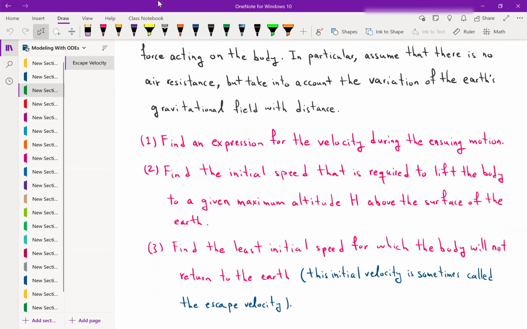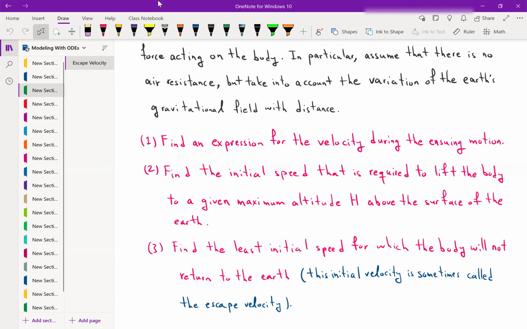In a sense, find v0 such that this maximum altitude h becomes infinity. There will be no finite maximum altitude. Such a v0 will be called the escape velocity, the v0 that will ensure that the maximum altitude h is infinity. There is no maximum altitude after which the object falls back to the Earth.